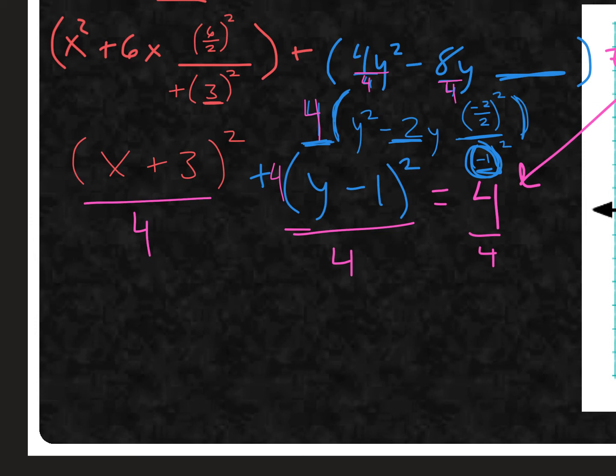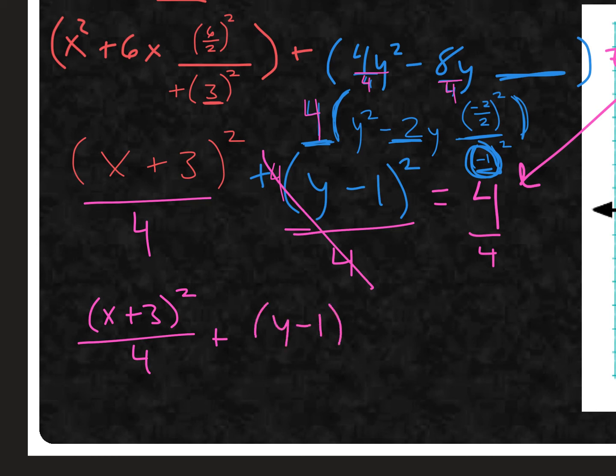So now I have x plus 3 squared over 4 plus, in my y's, I have a 4 on top and a 4 on the bottom, so they're going to cancel. So it's just y minus 1 squared. I'm going to say over 1, just because that's the way my ellipse equation looks like. And then that's equal to 1.